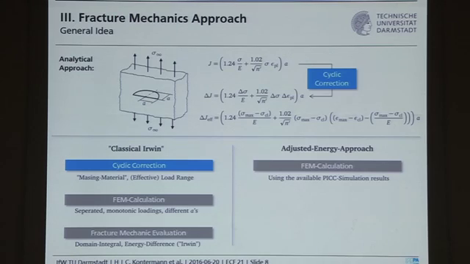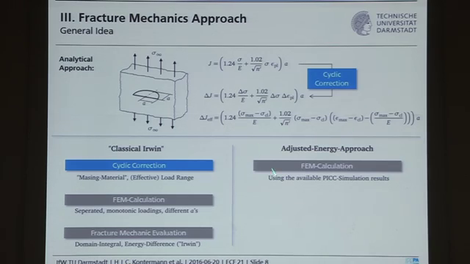But as I said before, what we have done so far, and what is not presented so far due to time issues, is we perform a PICC simulation, so plasticity-induced crack closure simulation, which is a very complex simulation because you have to model a transient crack growth, you have to apply cyclic elastic plastic material. It's a very complex calculation. So why not use this information or these simulation results in order to get delta J?